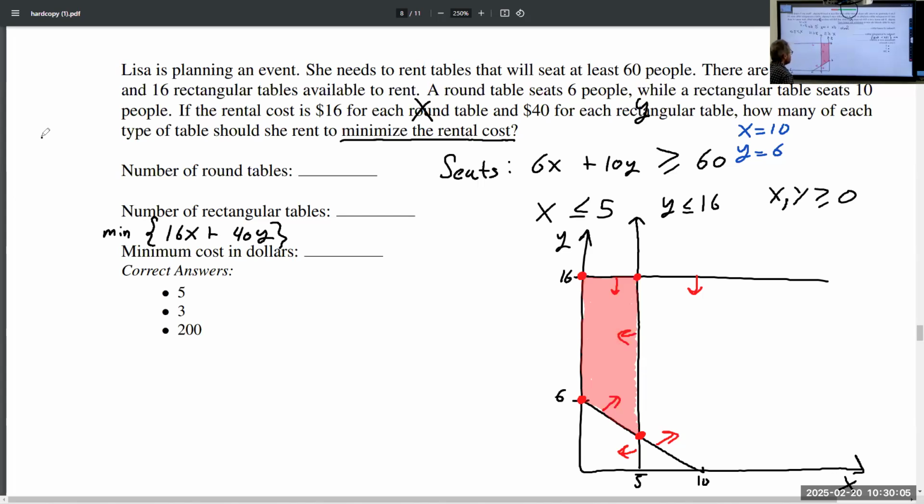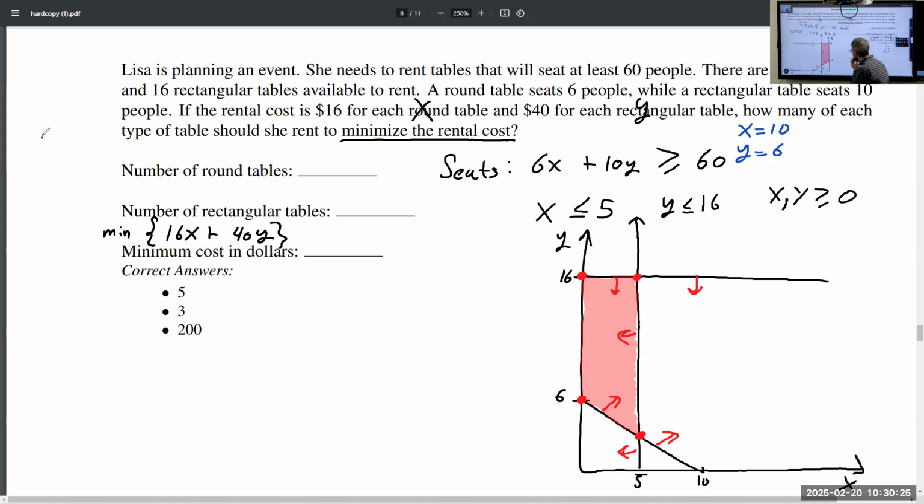And the theorem says that the minimum will lie on one of those corner points. The minimum of the objective function is what I'm looking for, not the smallest point. I'm just looking for where is the minimum of this function. Okay, which means I'm going to have to test them.